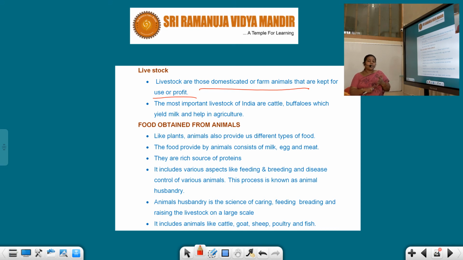Cattle have been used for agriculture as well as for milk. The most important livestock of India are cattle, which yield milk and help in agriculture. So they are helping us in both ways. They are providing milk, as well as helping as tools for agriculture.